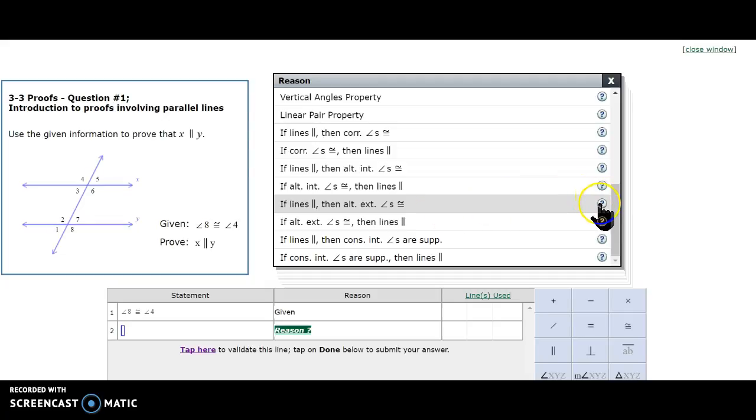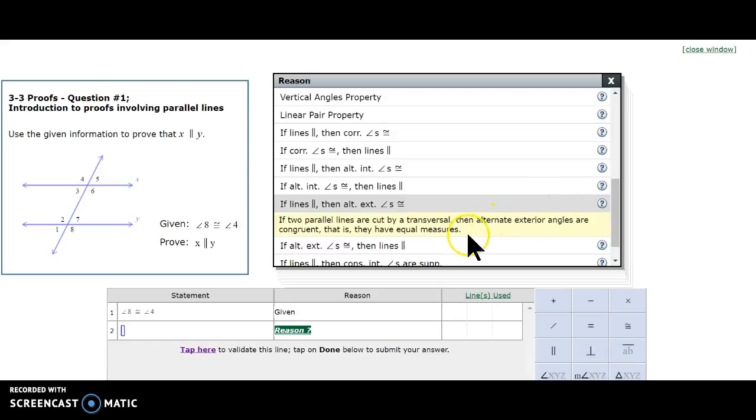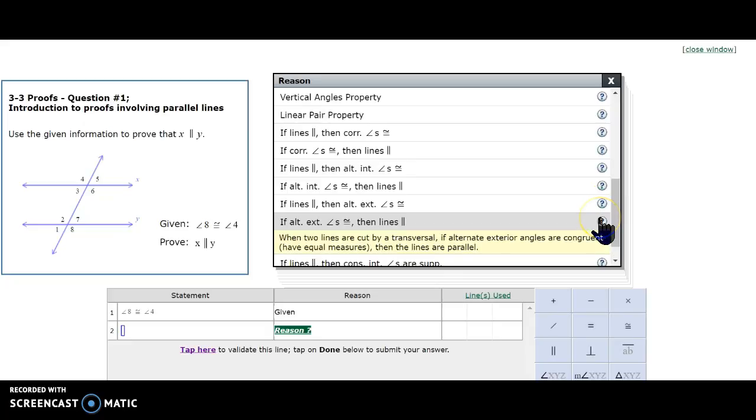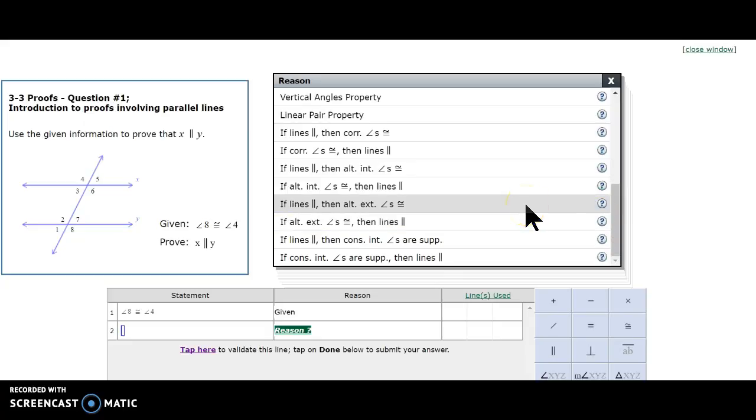If you're not sure what they're talking about, feel free to click on that question mark. If you click on that, they will give you a brief description on what it is. But I think we did enough practice in class to know what they are talking about. But if you need help, there's always that description there to help you out. Out of these two, they both mention exterior angles, but which one do we use? In this case, what we know for sure is the alternate exterior angles are congruent, right? Alternate exterior angles are congruent.